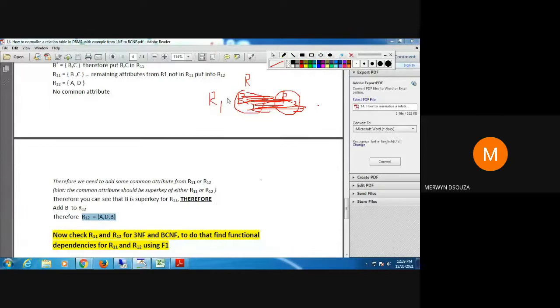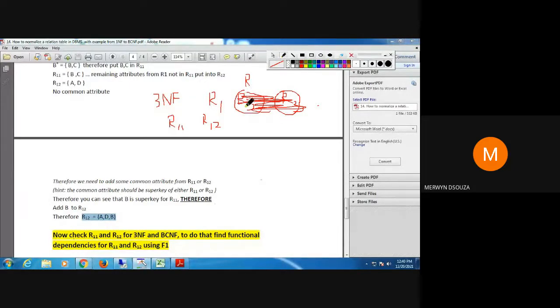R1 was not in BCNF; it was in second normal form, but it was violating third normal form. It had a transitive dependency. In order to remove the transitive dependency, R1 has been divided into R11 and R12.